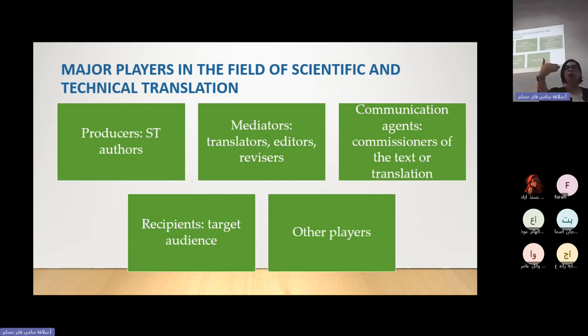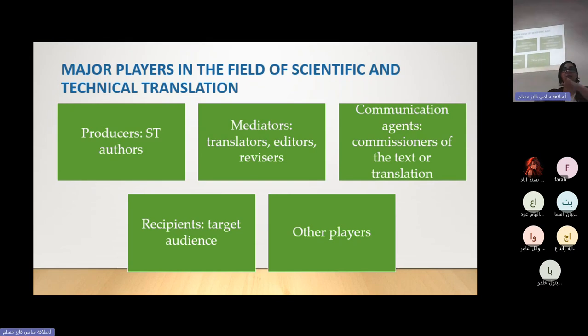This company has communication agents. They bring the text, communicate with the author, do all the legal work, send the text to the translator, give them the deadline, and help them if they need information. All of this is done by communication agents, the commissioners of the text or translation.